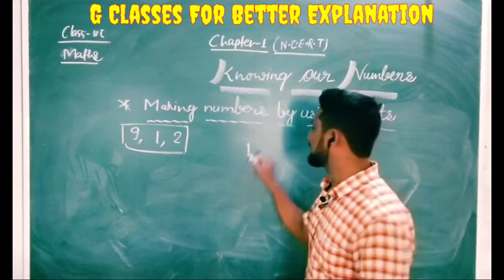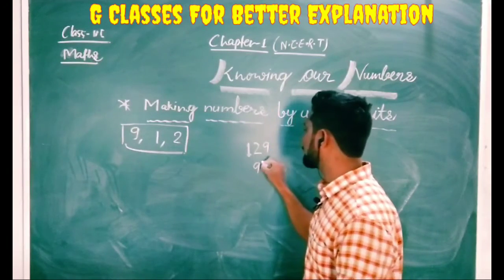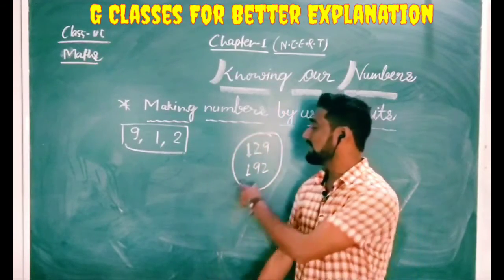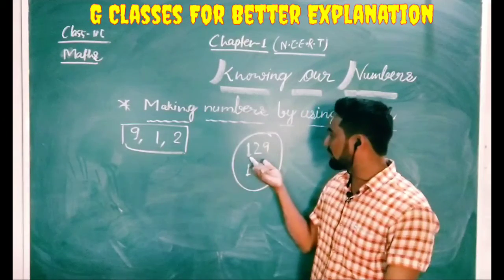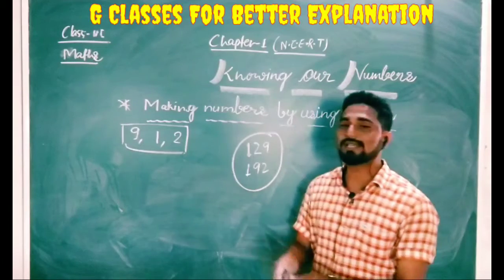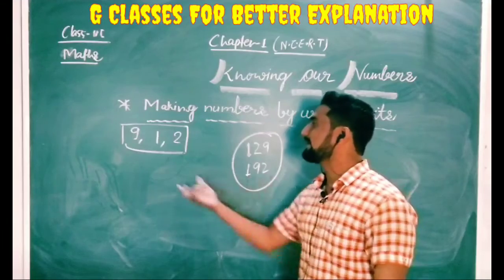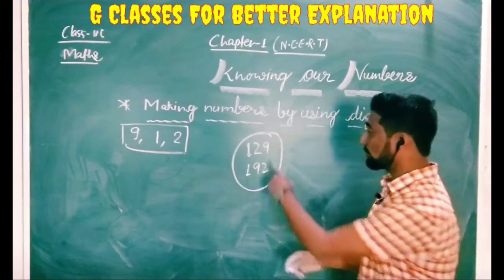Either you place 2 at the second position and 9 later, or you place 9 at second and 2 later, and 1 is fixed at the first position. By that way you can see 2 numbers I have made, and these are 129 and 192. The digits used to make these numbers are 1, 2 and 9. So 2 numbers I have made.